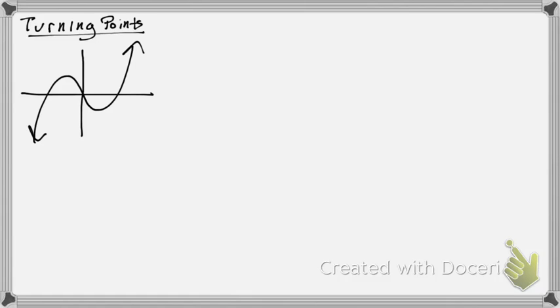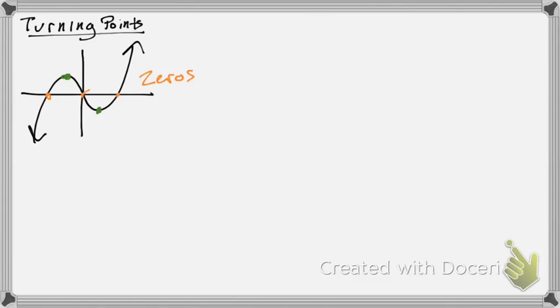Now, we've spent a lot of time so far talking about special coordinates where we hit the x-axis. You guys all know those are called zeros, or x-intercepts. But what we're going to focus on right now is something that is also very interesting about polynomials, and those are the points that are either at the top of the hill or at the bottom of a valley in a polynomial graph.